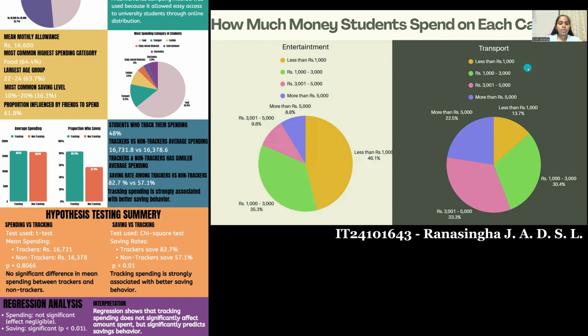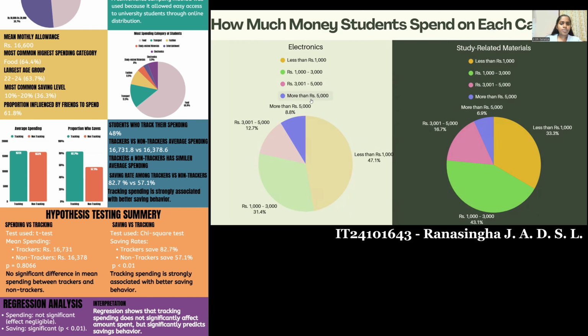This chart shows that electronics are not a big monthly expense. Almost half of the students spend less than 1,000 rupees. For study materials, the spending is focused.